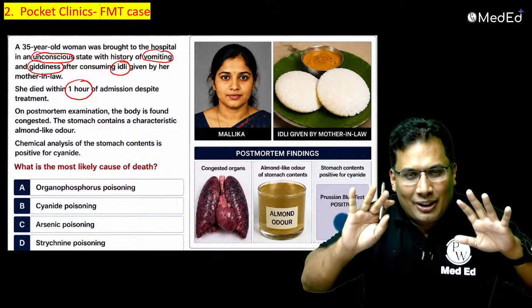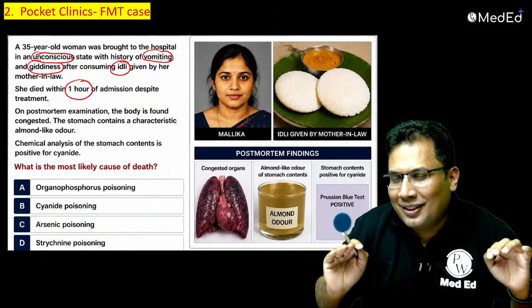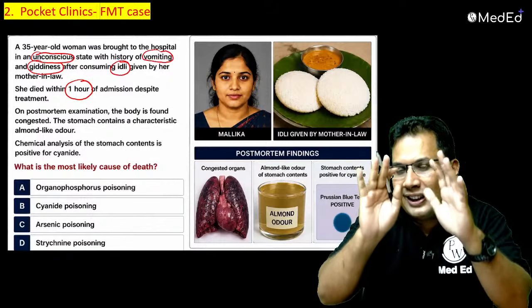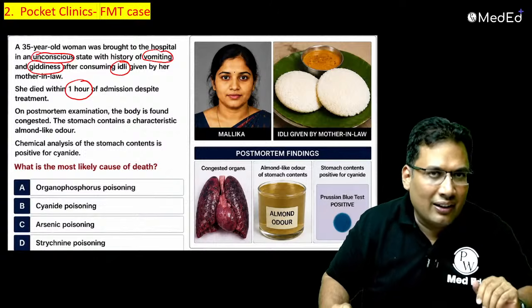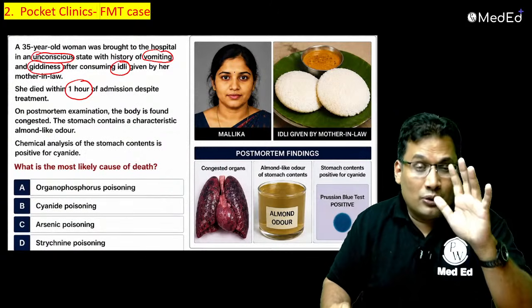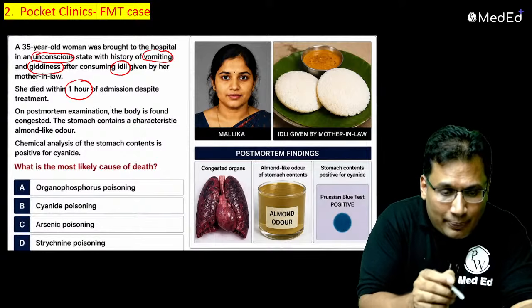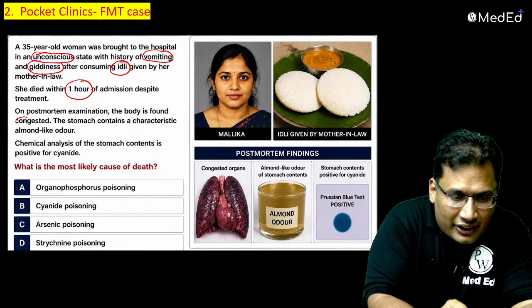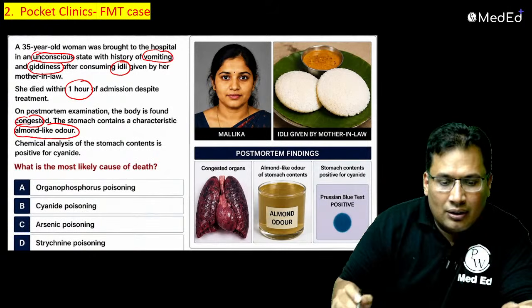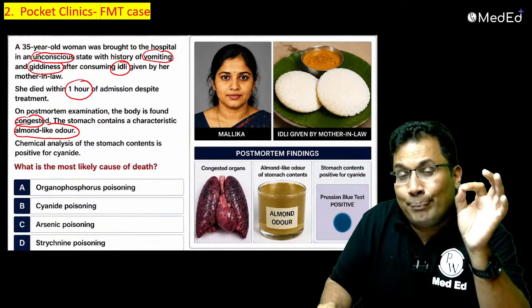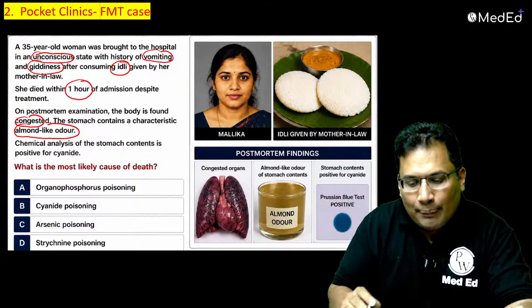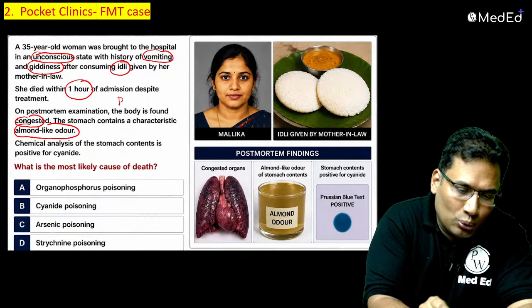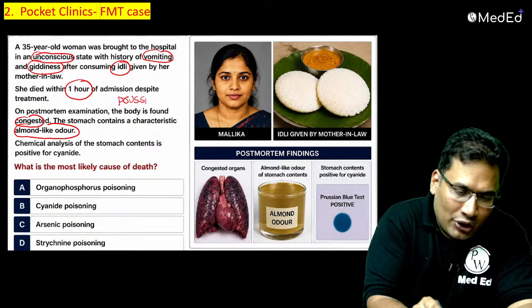In the post-mortem examination, again it is a 194 case, a police inquest case, a case of unnatural death. So inquiry and investigation are necessary, and post-mortem is very important. What are the findings? There is congestion, and an almond-like smell. The stomach shows a characteristic bitter almond smell. Chemical analysis shows something positive. We call it Prussian blue. Prussian blue is positive.